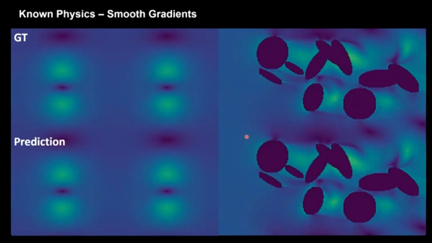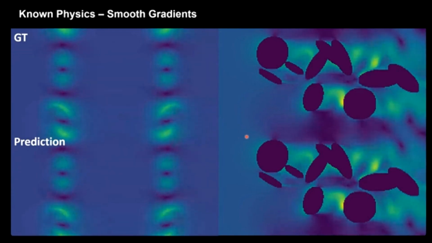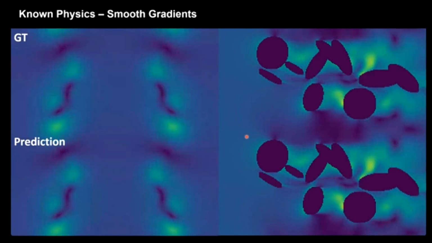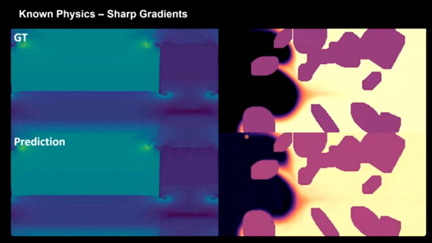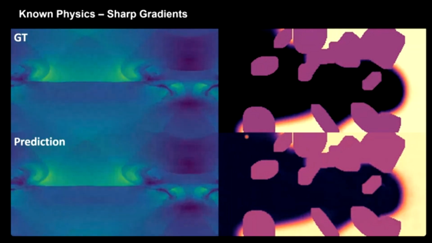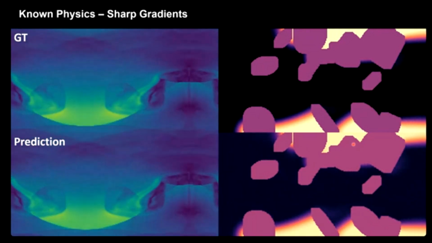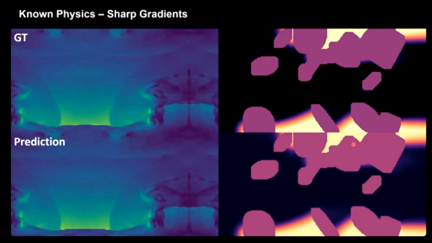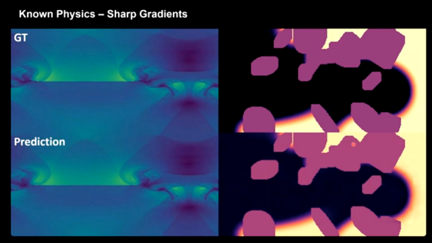We have different kinds of simulations or predictions. As I said, this is, for example, with some rigid obstacles in the fluid movement or in the fluid direction. We have some more sharp gradients, and on the right side, for example, this two-phase flow, this porous media flow, where one of the liquids is displacing the other one.